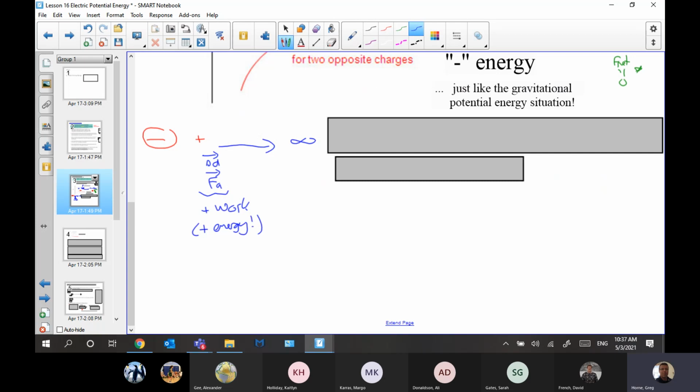Eventually I'm going to add enough energy to get to zero energy. If I'm adding to a system and eventually I get to zero, what energy must that system have had? It must have had a negative energy. So the system itself has negative energy. Let me write out the attraction situations.